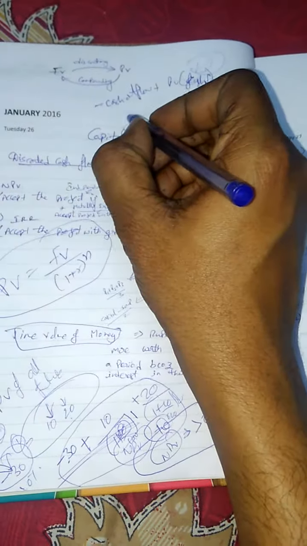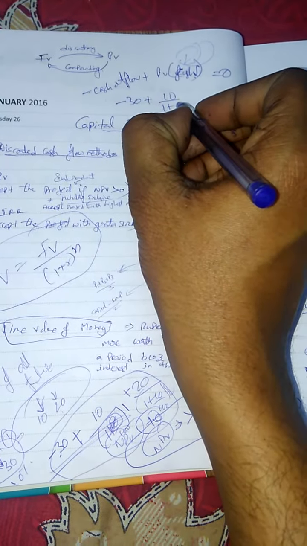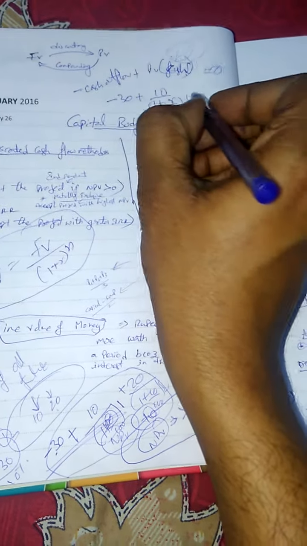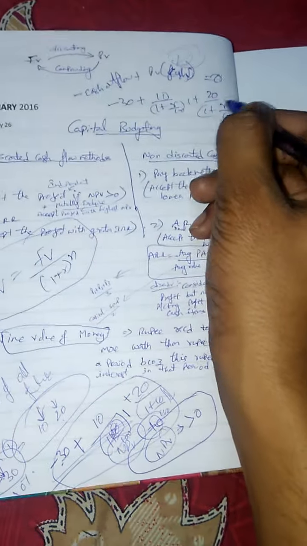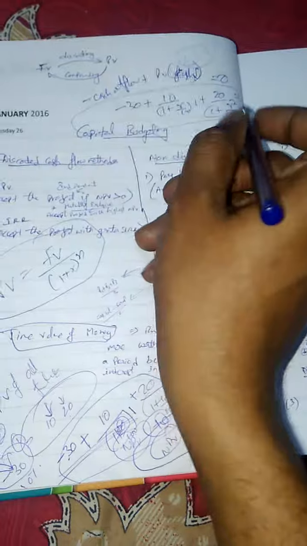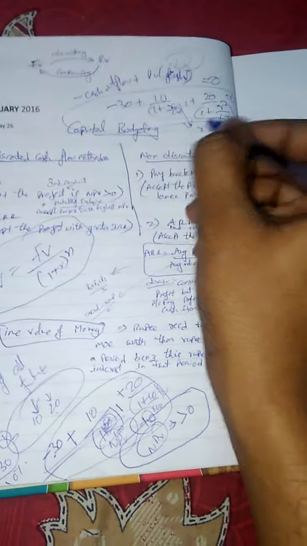So for this, in the earlier example, market rate is not given: minus 30 plus 10 by (1 plus r by 100) whole power 1 plus 20 by (1 plus r by 100) whole square is equal to 0. Solving this equation, we will get an r. This r is nothing but IRR.